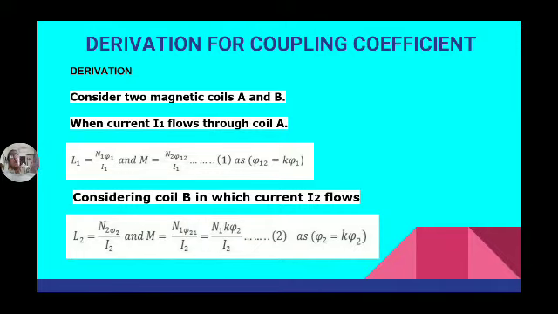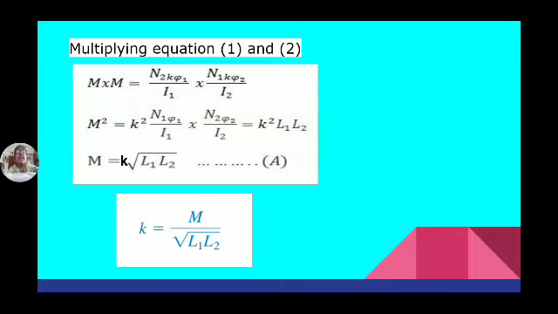Now some part of the coil 2 flux is linking with coil 1, so M is equal to N1 K phi 2 by I2. In both cases M, the mutual inductance between the coils, is fixed. Whether you give current to this coil or to the other coil, that property won't change. So M into M is equal to N2 K phi 1 by I1 times N1 K phi 2 by I2.